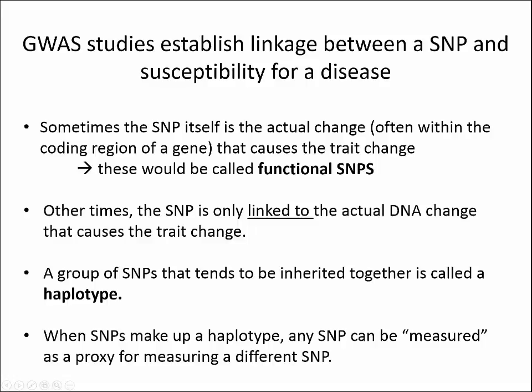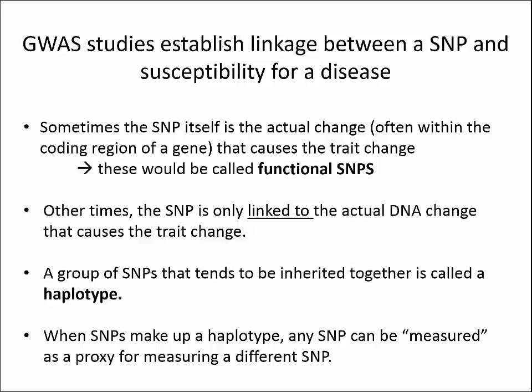However, this is not always the case. So sometimes that particular SNP is only linked to the actual DNA change that causes the trait susceptibility. It turns out that groups of SNPs tend to be inherited together. And so if you have a group of SNPs that is inherited together, it is called a haplotype.